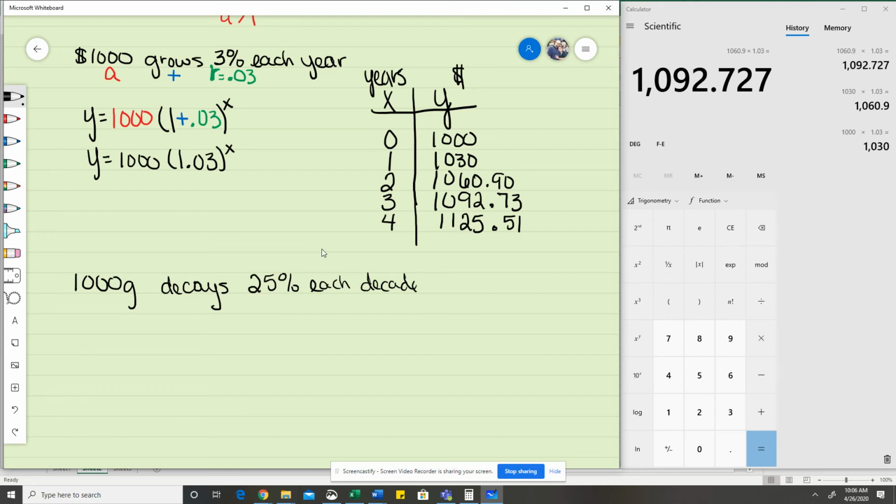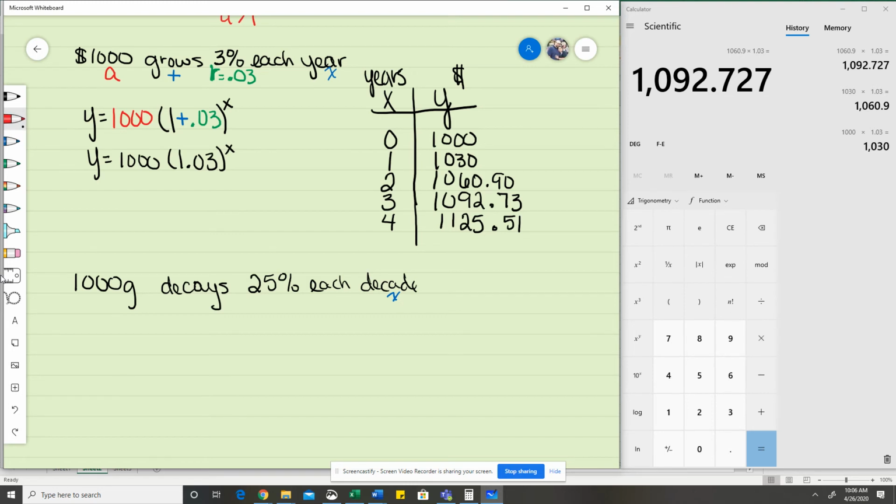Now, one thing I did forget up here is that the year is our X value. So when we come back down to our decay example, the decades are going to be our X value, however many decades it's been.